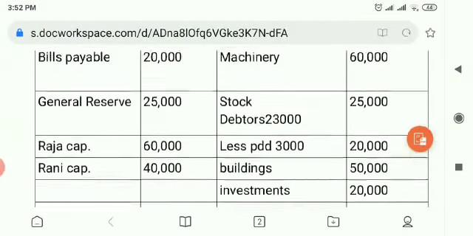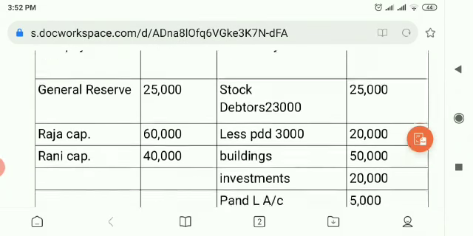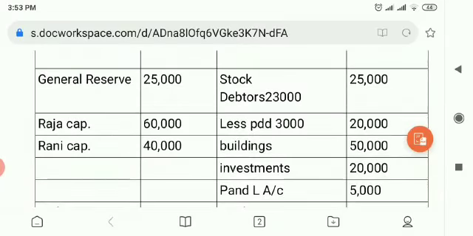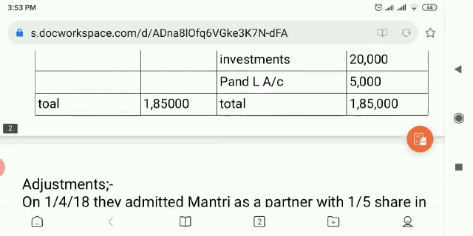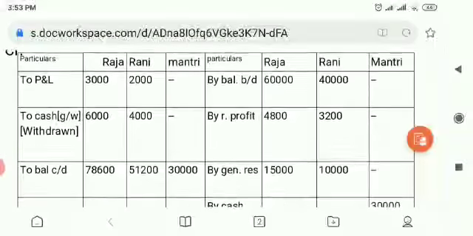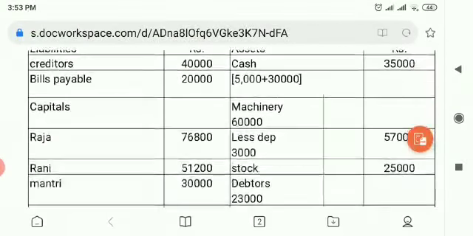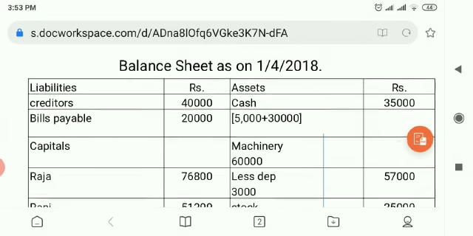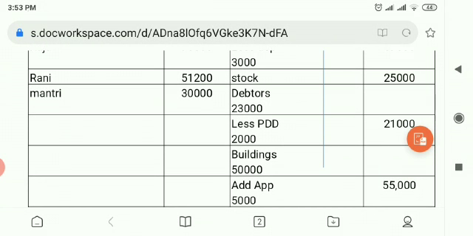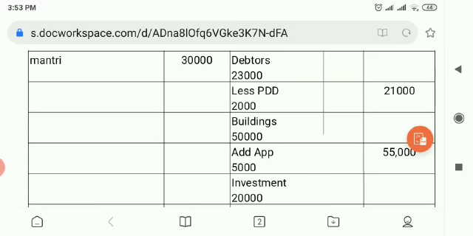In the inner column they have given you 23,000, and after deducting, they have given you the outer column 20,000. Come to your balance sheet asset side, write debtors in the inner column 23,000. Next, they have given you the buildings. Come to the asset side, write buildings in the inner column 50,000.